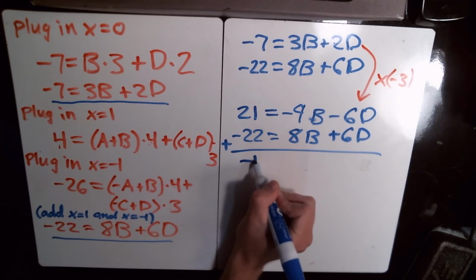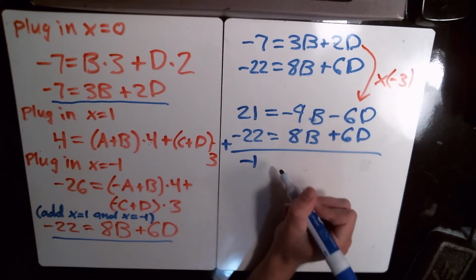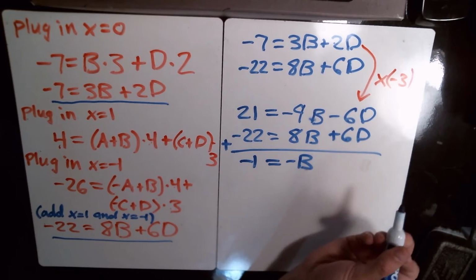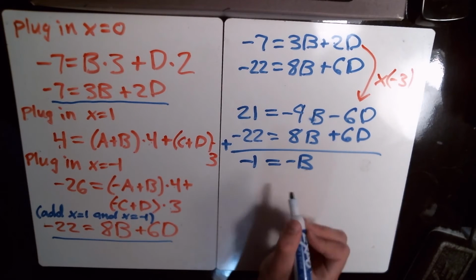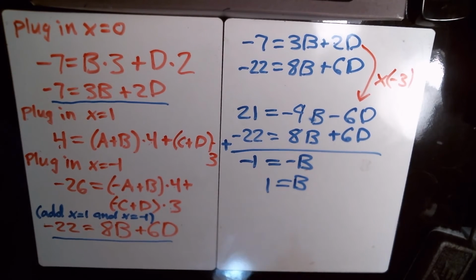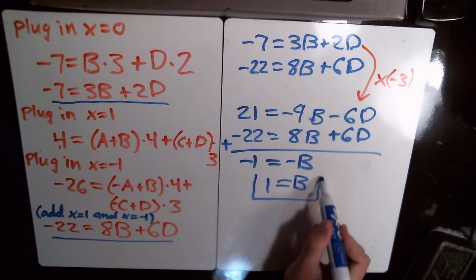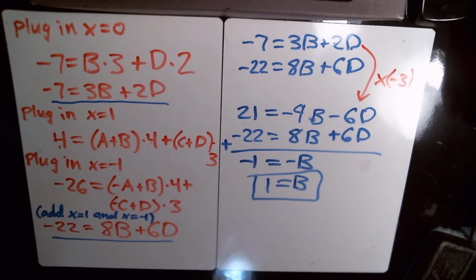We get negative 1 is equal to negative b. Those cancel out, so then b is 1. Yay! We got b. Okay?